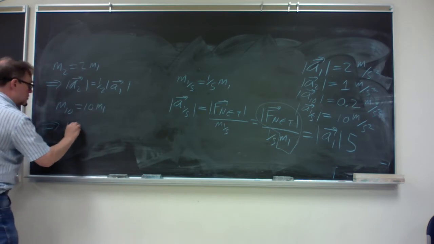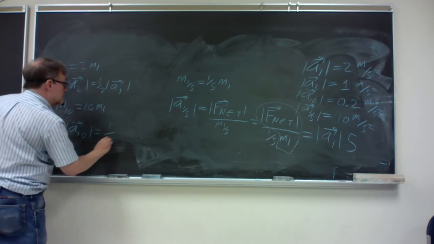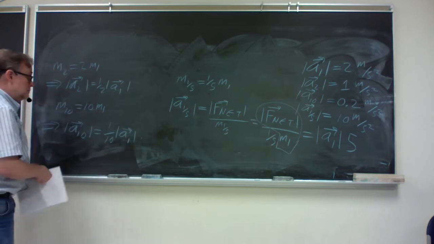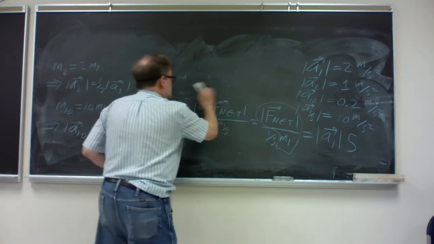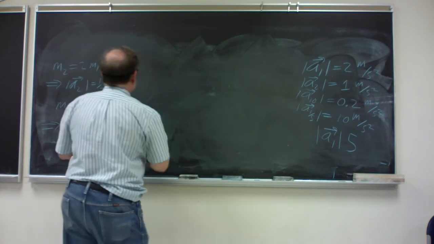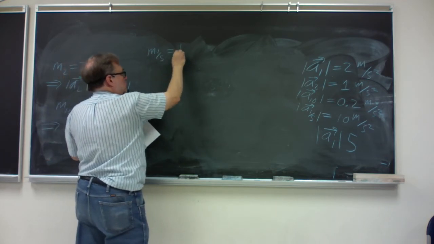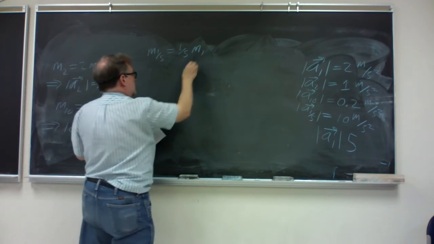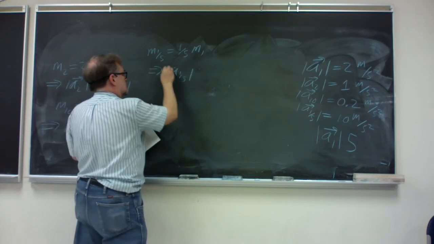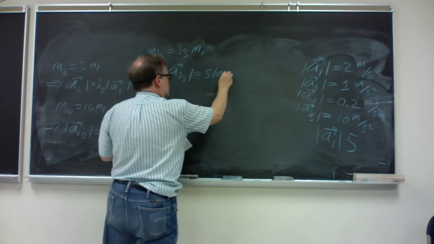That implies that the new acceleration is 1/10 of the old acceleration. And then finally, new mass is 1/5 of the old mass. That implies that the new acceleration is 5 times the old acceleration.